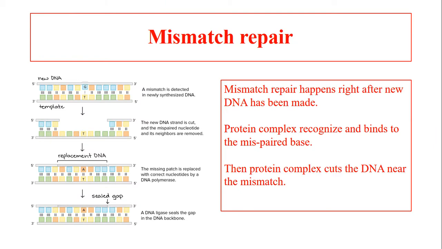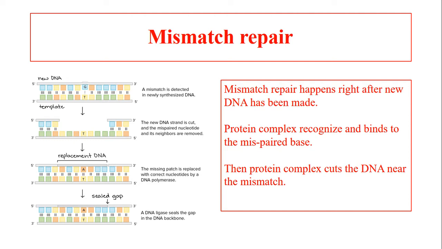Mismatch repair. Many errors are corrected by proofreading, but a few slip through. Mismatch repair happens right after new DNA has been made, and its job is to remove and replace mispaired bases, ones that were not fixed during proofreading. First, a protein complex recognizes and binds to the mispaired base.